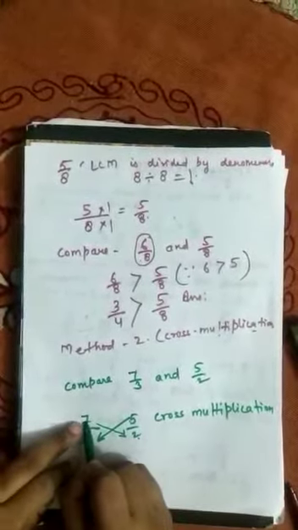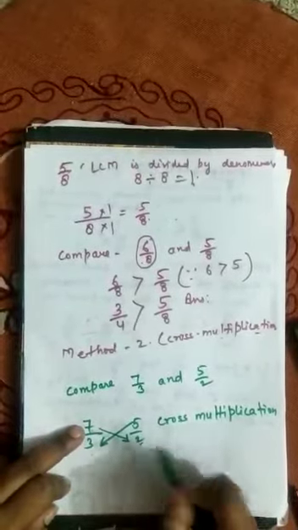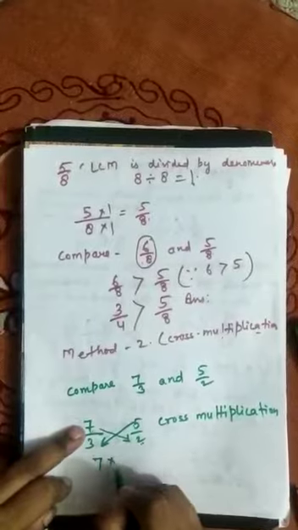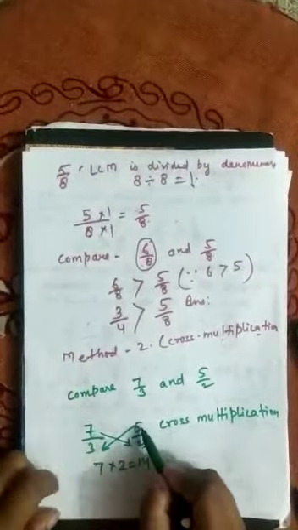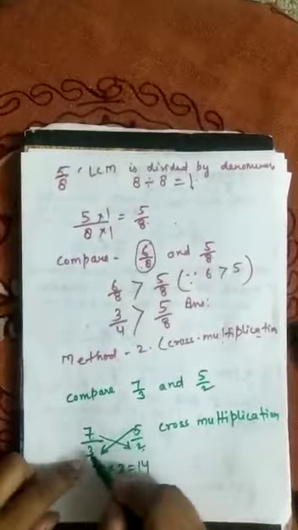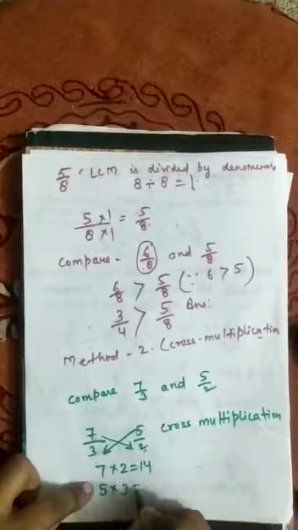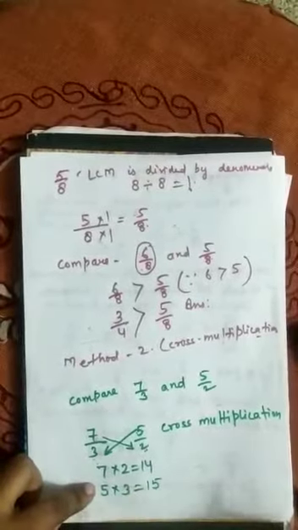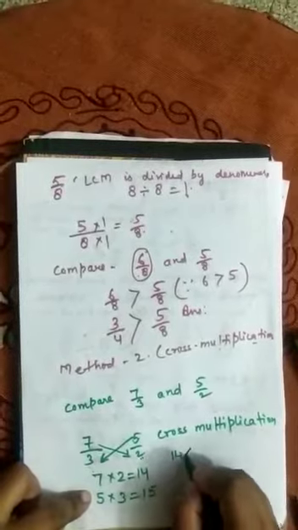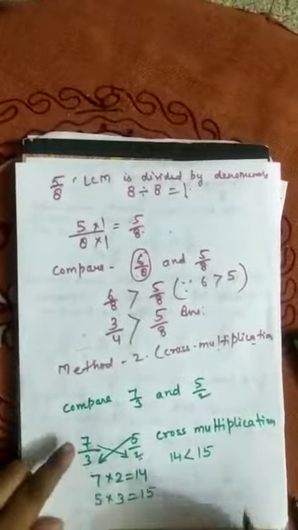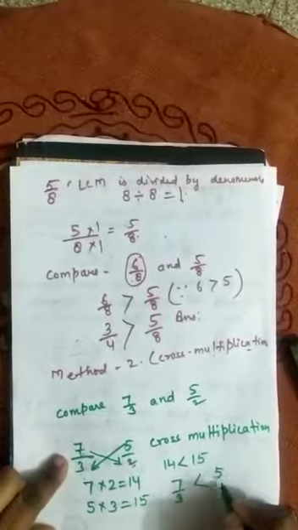So the numerator of the first fraction is multiplied with the denominator of the second fraction, that is 7 into 2, equals 14, and the numerator of the second fraction is multiplied with the denominator of the first fraction, that is 5 into 3, that is 15, right? So what do we get? 14 is less than 15. It means 7 by 3 is less than 5 by 2.